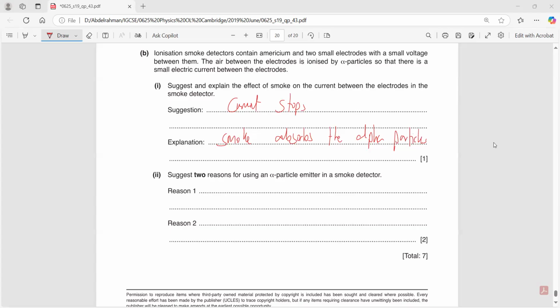So the first and most important reason is that alpha is highly ionizing. And also alpha is safer since it doesn't travel large distances.